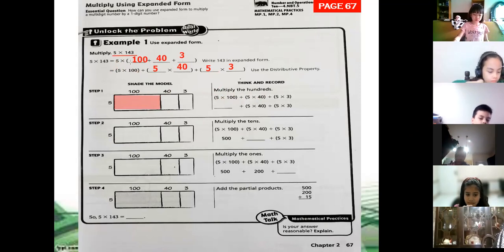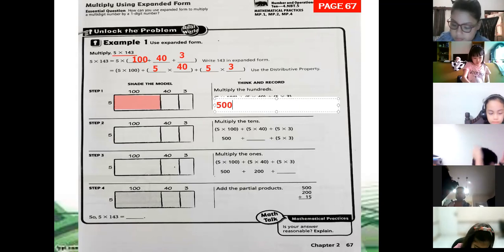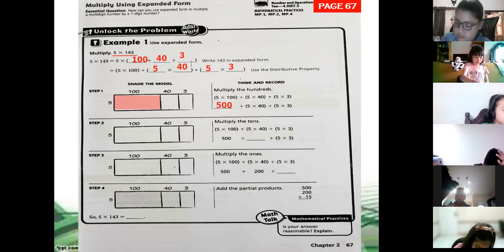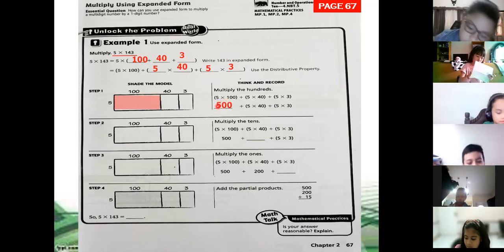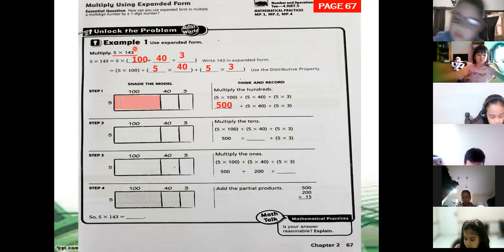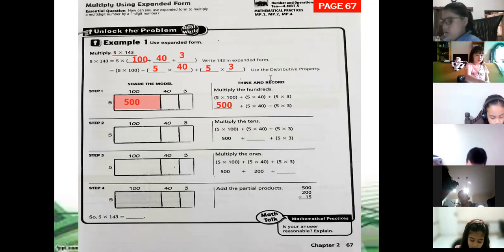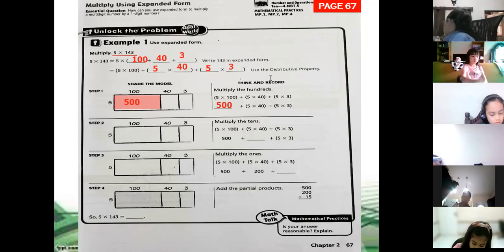What is the answer of 5 times 100, class? 500. Mia, that's right. Remember that we multiply 5 times 1 equals 5, and we copy 2 zeros. So on this side, I have 500.